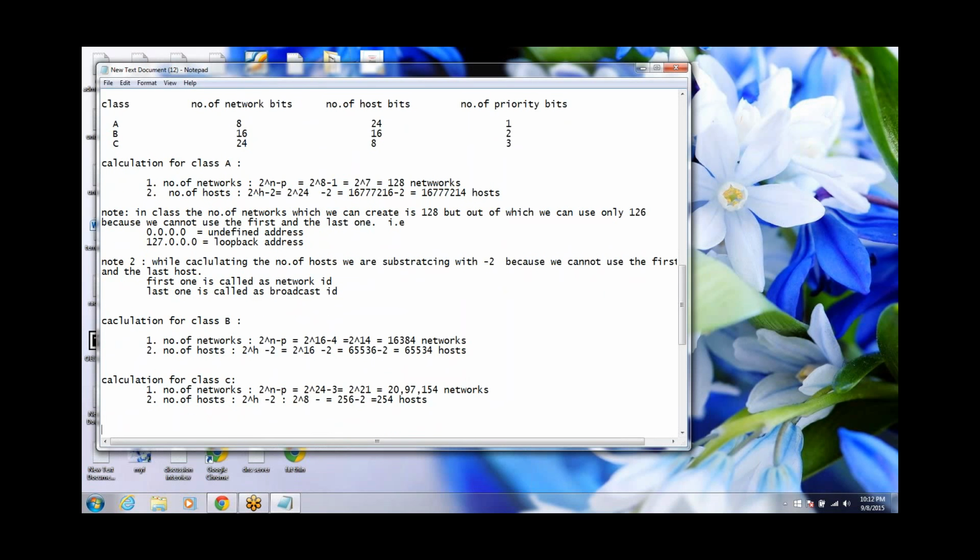We can connect more hosts in class A, medium in class B, and fewer in class C. So in small companies, class C networks are used here. In medium companies, class B is used, and in very large companies, class A is used. Class A is used for very large companies.